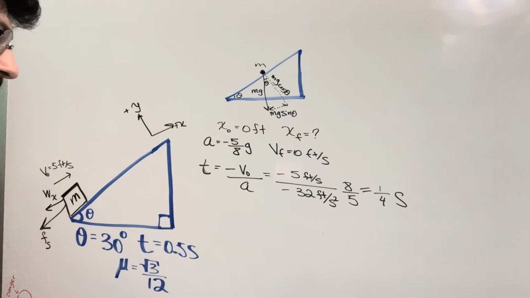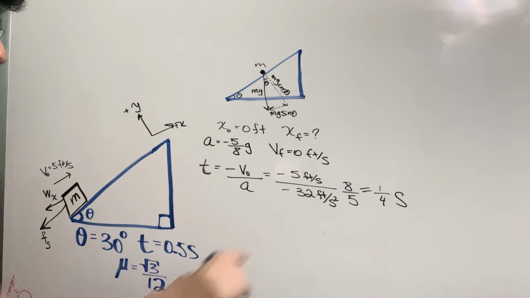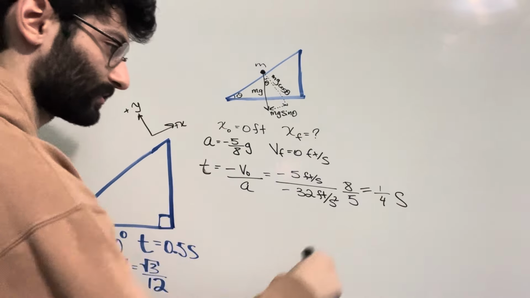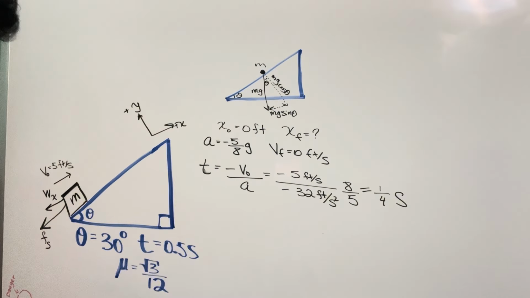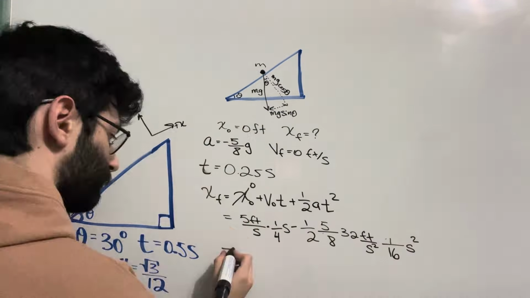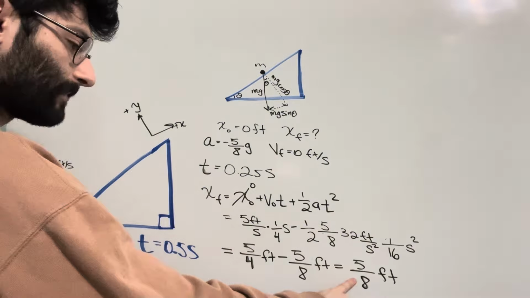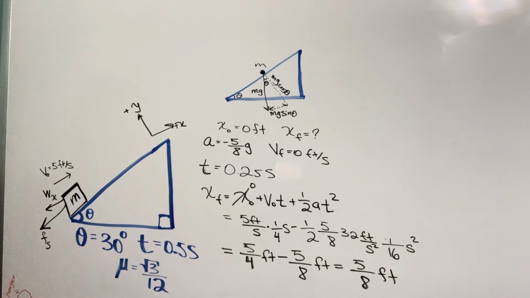Now we can solve for the final position at t equals 0.25 seconds, which is 5/8 of a foot. Let's write that out.